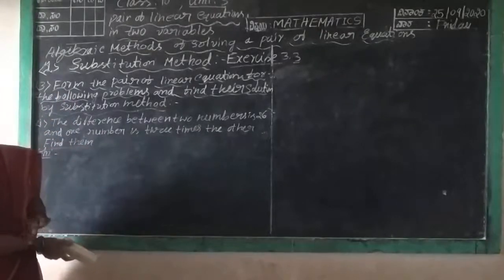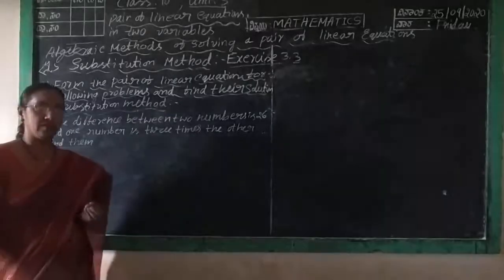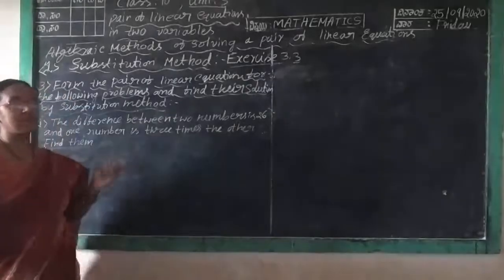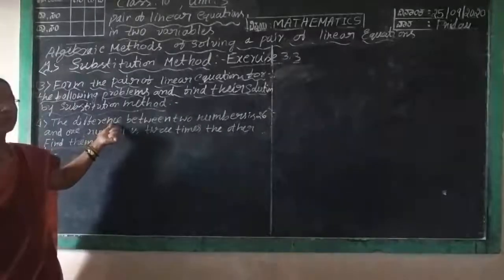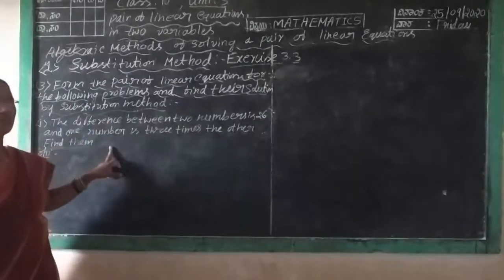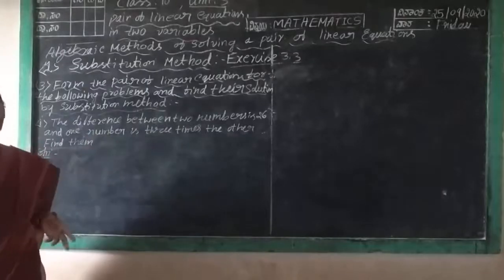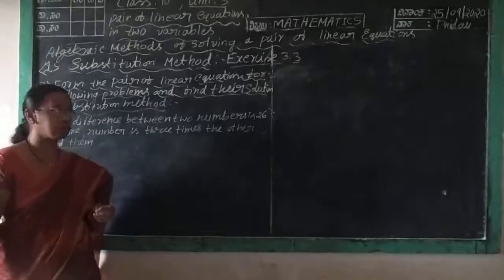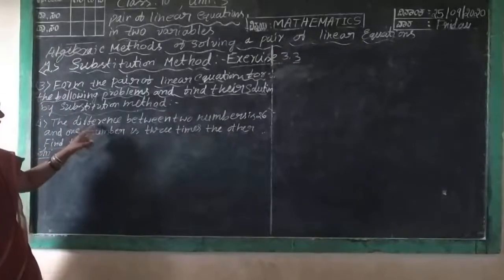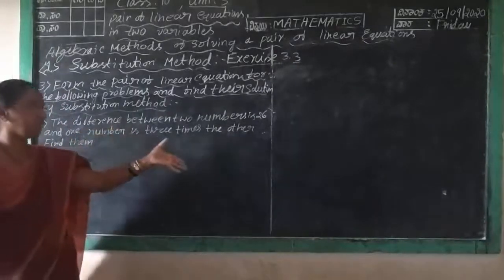In the previous problem the equation was directly given, but in this problem there is a statement. We will write the statement in equation form first, then solve the equations to find the x and y values.